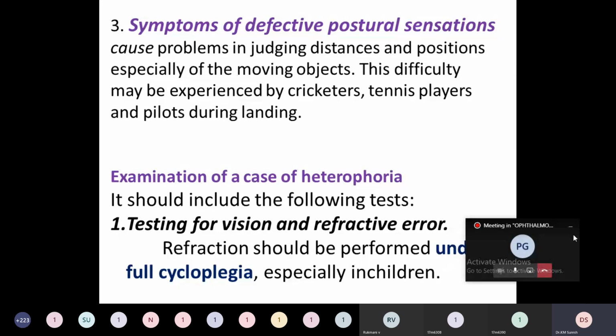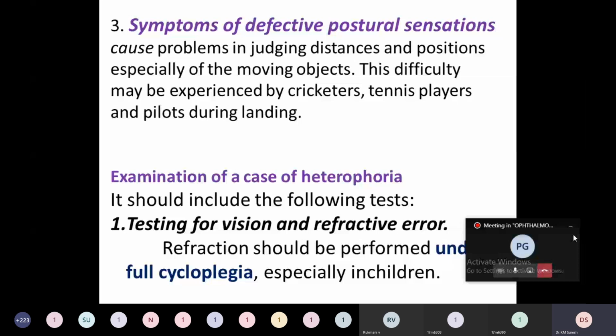But the rest 3, that is cyclopentolate, homatropine, and atropine, they not only cause mydriasis, they also cause cycloplegia. Cycloplegia is nothing but paralysis of the ciliary muscle, or it can also be called as paralysis of the accommodation. It is caused by the 3 medications, that is cyclopentolate, homatropine, and then atropine.